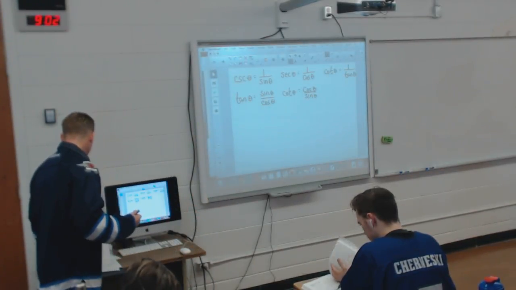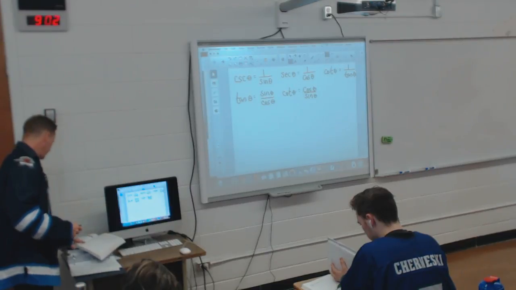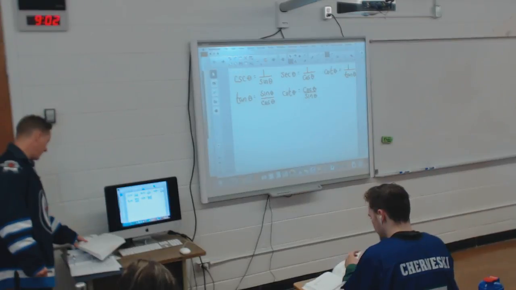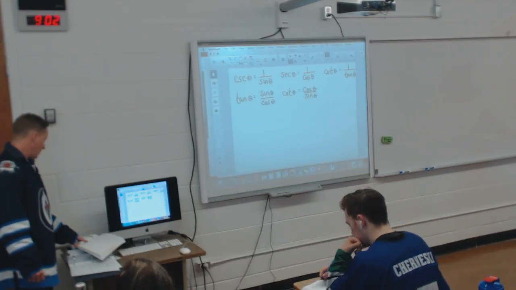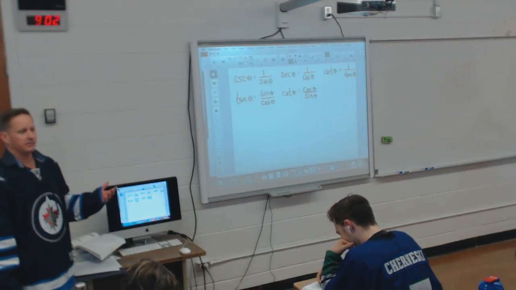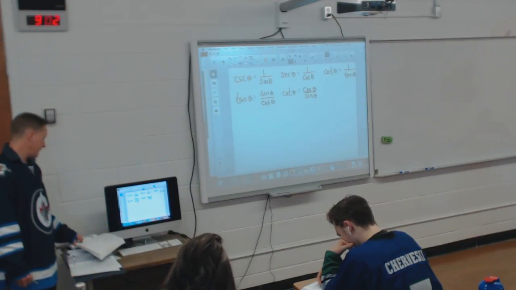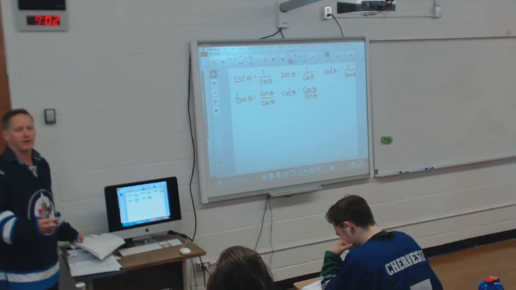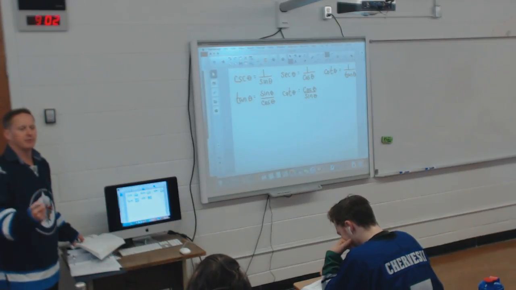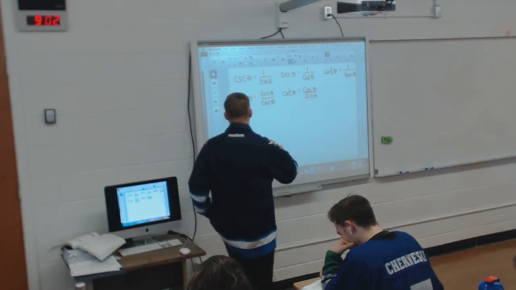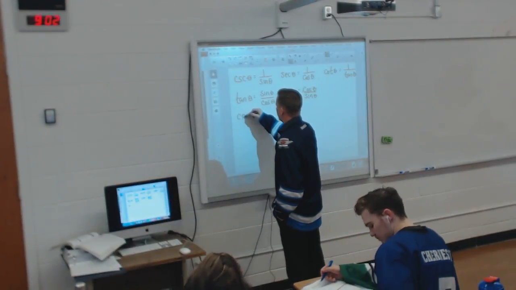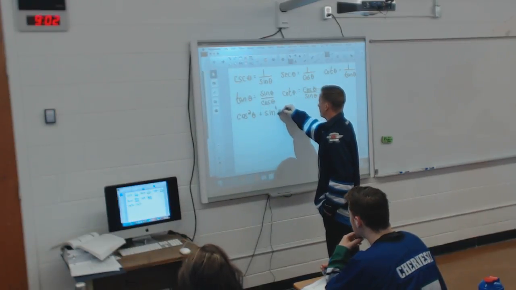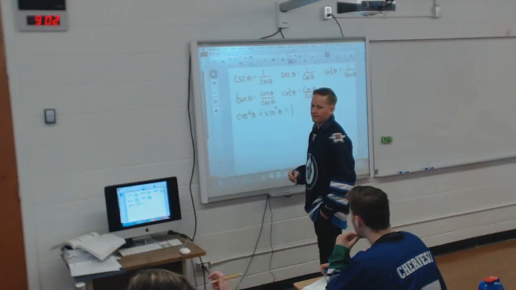Okay? So I just want you to take a peek at that unit circle, that circle on page 188 right now. So we call it a unit circle because it has a radius of 1, right? And you notice that the x value is the cos of theta and the y value is the sine of theta. So using Pythagoras' theorem, the first identity we deal with is cos squared theta plus sine squared theta is equal to 1.